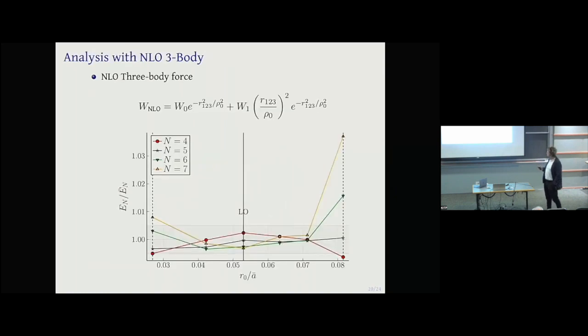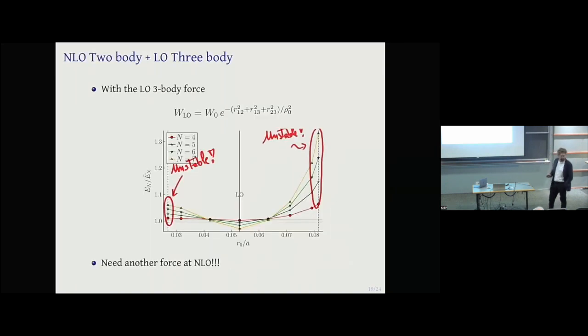So at this order, I need another force. As Bira skipped, it went very fast, but it has already been proposed in the perturbative scheme that you need a four-body force.